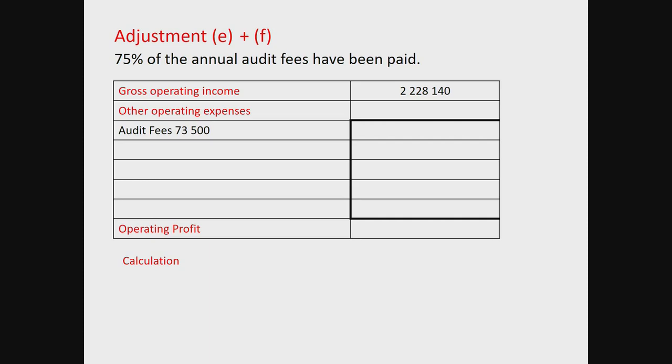It says that 75% of the audit fees have been paid, which means we still owe 25% of the annual audit fees. It does not mean that the 73,500 is the 100%. That is the 75%. So we need to calculate the amount that we must still pay and then add that total to that.